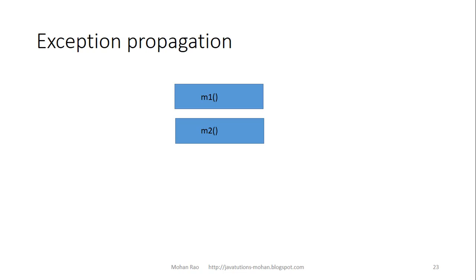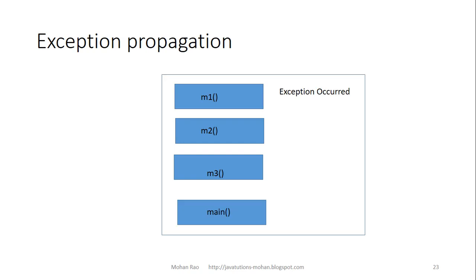When M1 throws the exception explicitly, the caller has to handle it, or otherwise this caller M2 can pass that exception to caller of M2, that is M3, or M3 can handle it, or else M3 also can pass this exception object to main method. This is nothing but exception propagation or exception chaining. Both you can propagate checked exceptions and unchecked exceptions. First we will discuss the unchecked exception propagation, then we will move on to checked exception propagation.